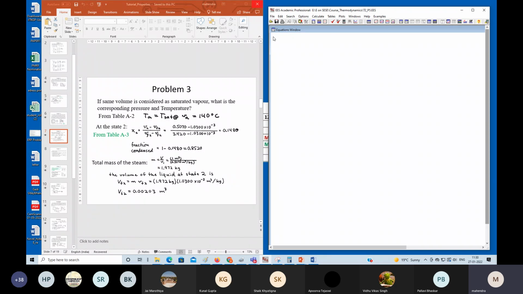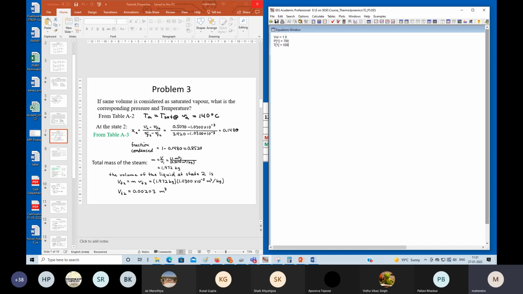Volume is given, V equal to 1 meter cube. Then P1 equal to 7 bar, that's what I am giving, 700 Pascal. Then T1 equal to 500 degrees centigrade.